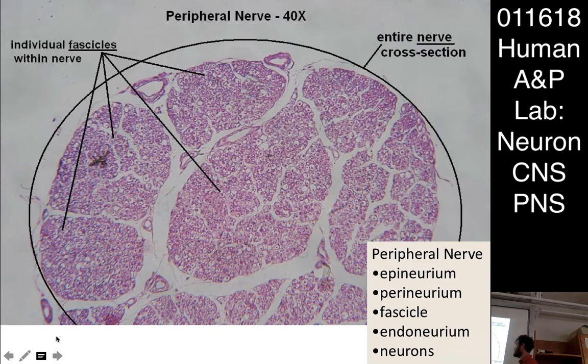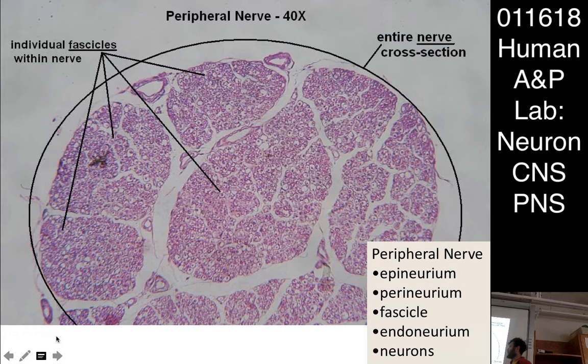Around the whole nerve, just replace the word mysium with neurium, and then pretty much all the other language is the same. So instead of epimysium, there's going to be epineurium surrounding a sheath over the entire nerve. Then there are going to be fascicles. The nerve itself will be broken into fascicles, fascicles being collections of individual neurons.